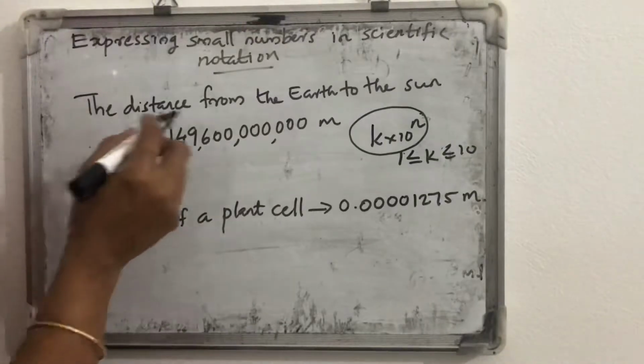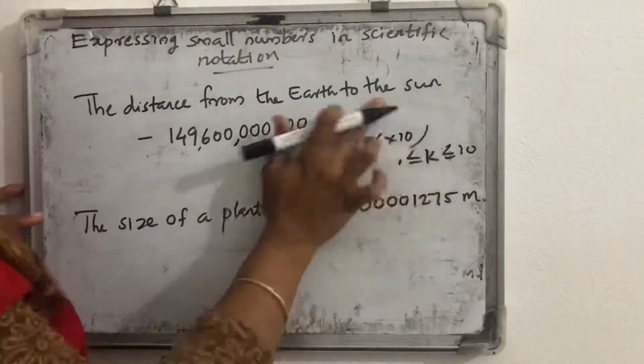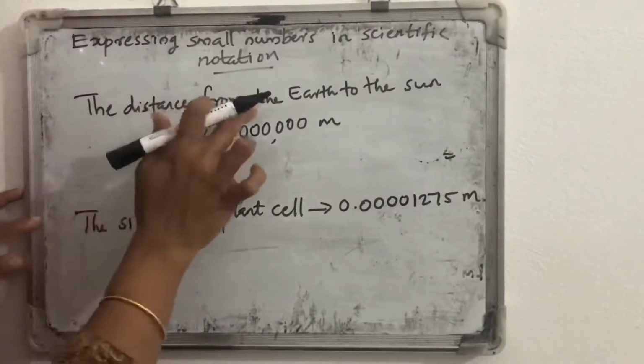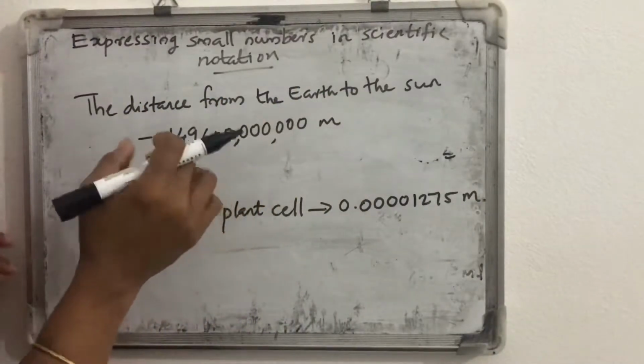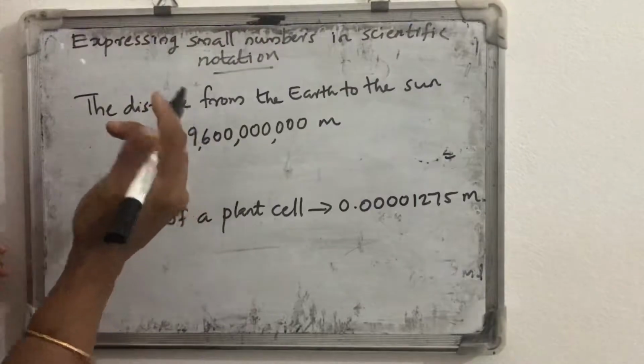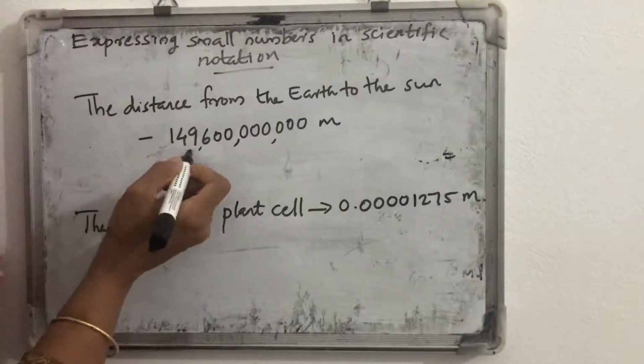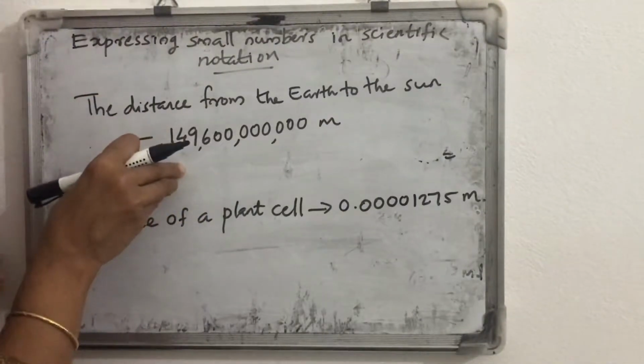Now take one example: the distance from the earth to the sun, which is a very large distance. How can we write this in standard form?